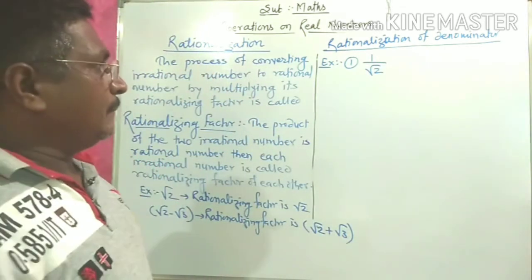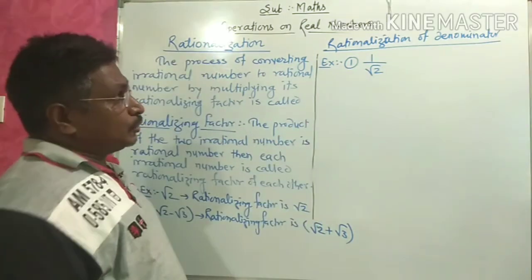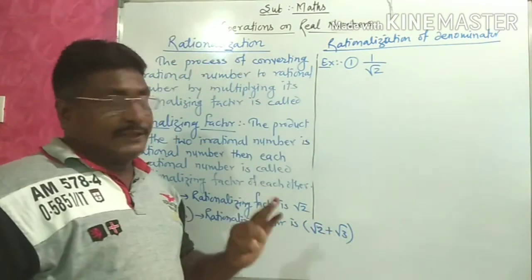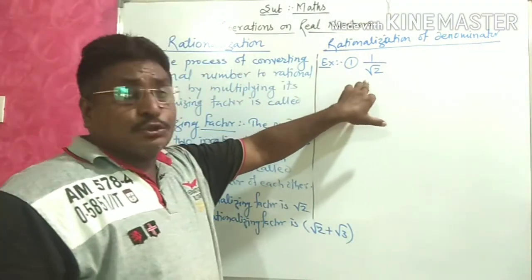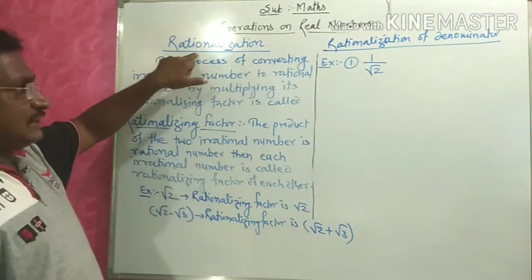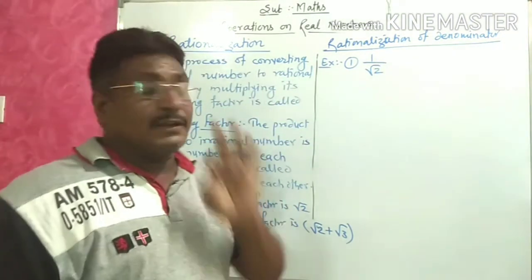So 1 by root 2. While rationalizing, the most important thing is that the denominator should not be an irrational number. Rationalization means the denominator should be a rational number.